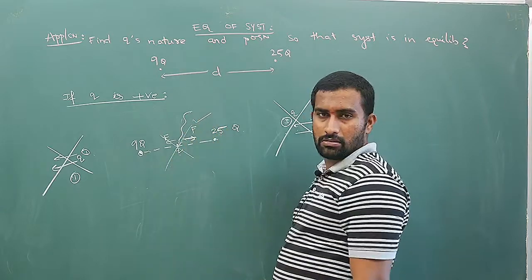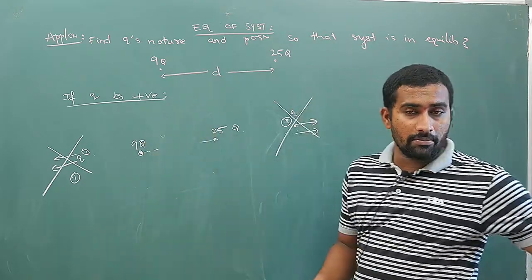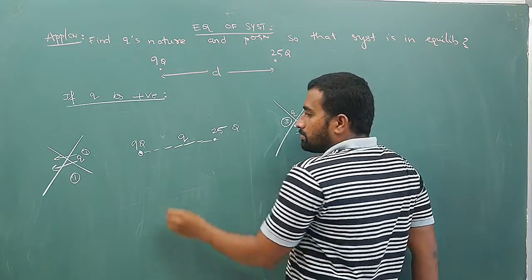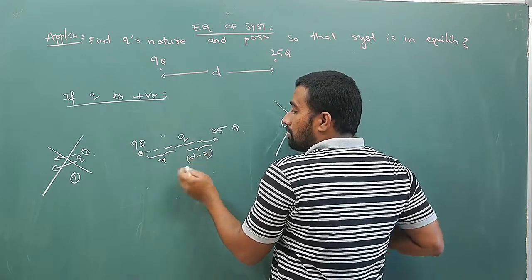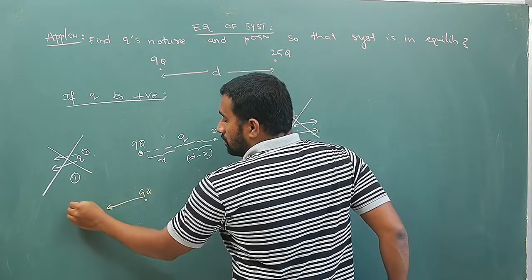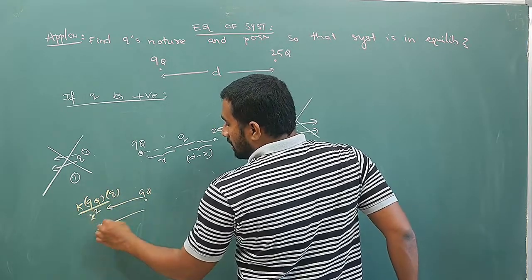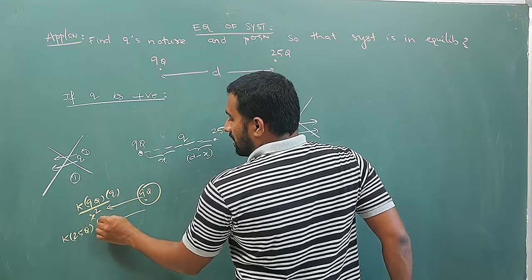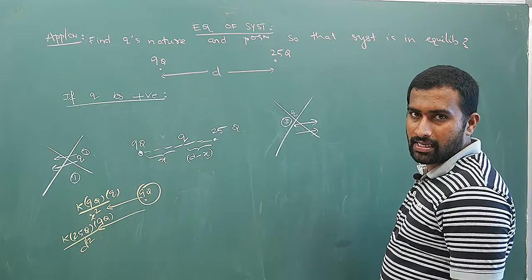Okay, this is acceptable. But the problem is, if you are keeping a positive charge q in the middle at some distance x, then observe very carefully the force on 9q. On 9q there is repulsion, k into 9q into q by x square. On 9q there is one more force, that is k into 25q into 9q by d square. So two forces are acting towards left.